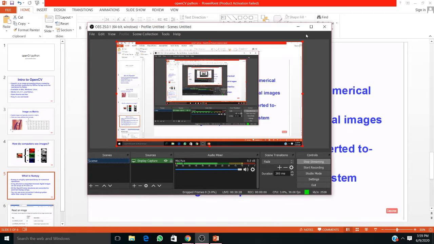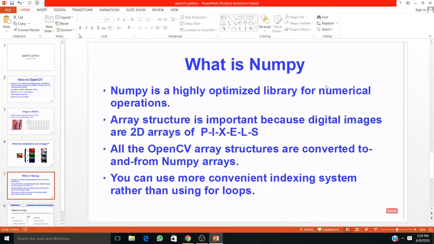So we were talking about NumPy, and we almost ended it.